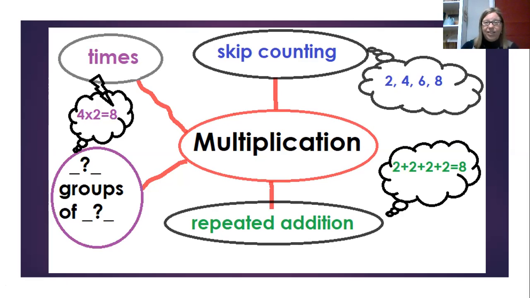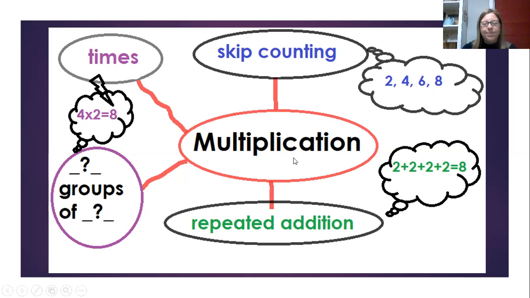It is the answer to a multiplication problem. And so we're going to be practicing writing the number sentences that match a picture today using the symbol for multiplication and repeated addition.